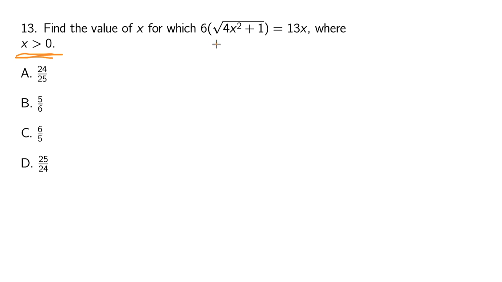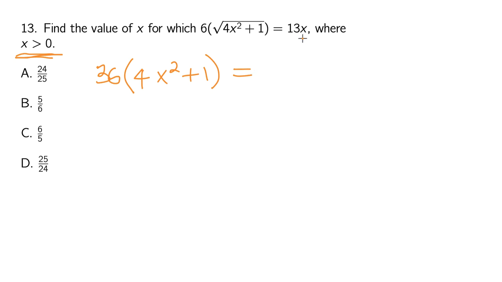One way to proceed is to square both sides. Normally when you see a square root, you want to get rid of it. So we can square both sides, and when we do that, we square this, we get 6 times 6 is what? 36. When we square this, it removes the square root, so we have this, and then we square 13x.